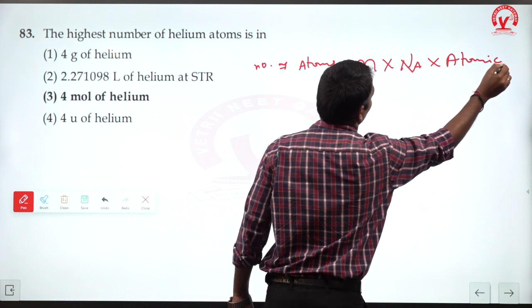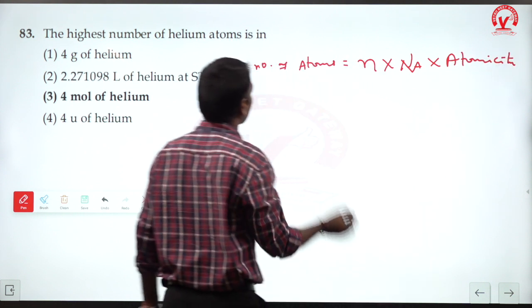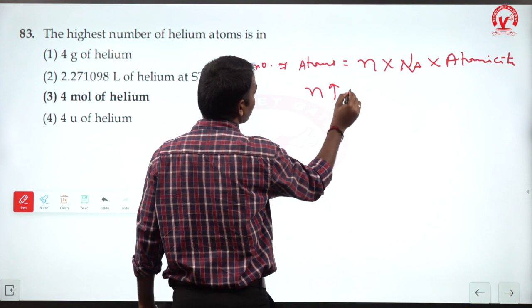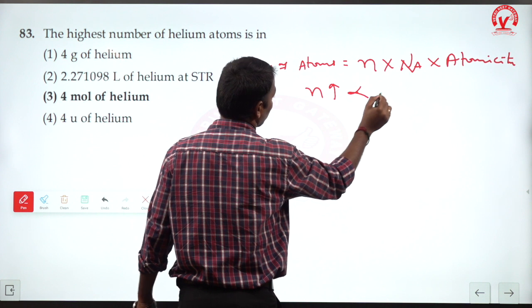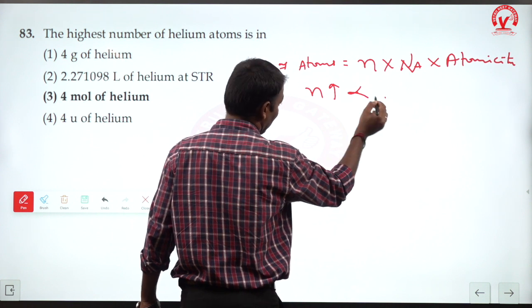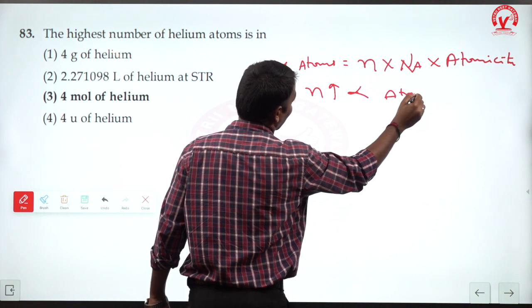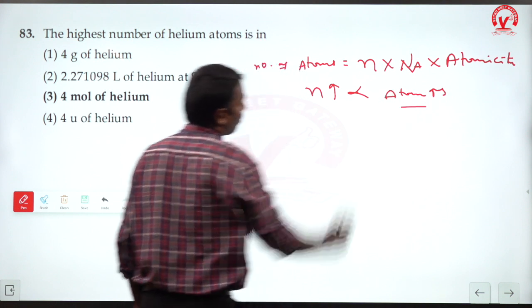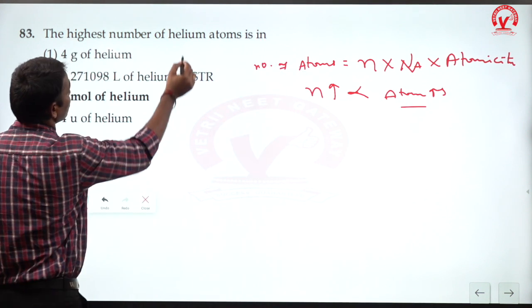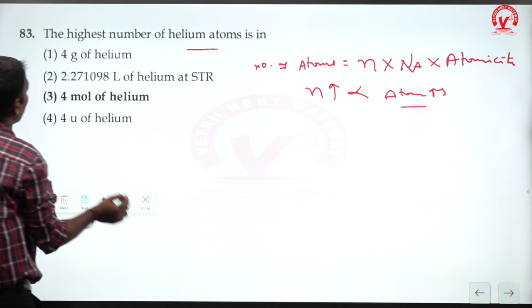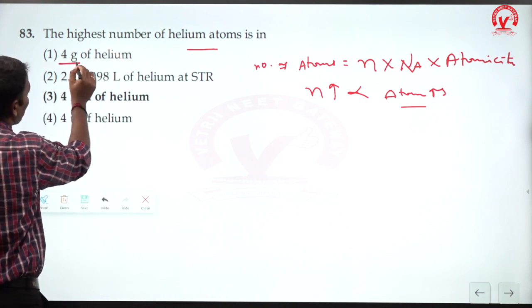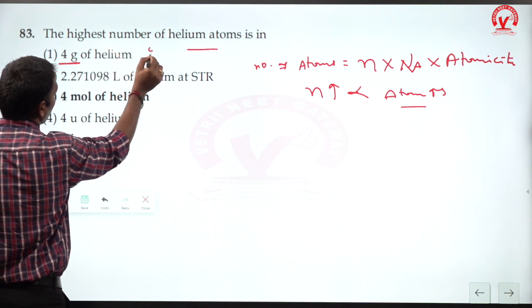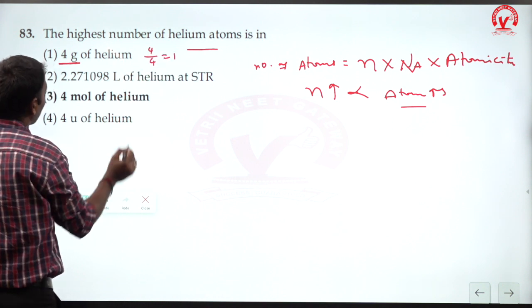That means as the number of moles increases, the number of atoms also increases. So find where the number of moles is more. How to find it: given mass upon molecular mass, that is 4 by 4, which means we get 1 mole here.